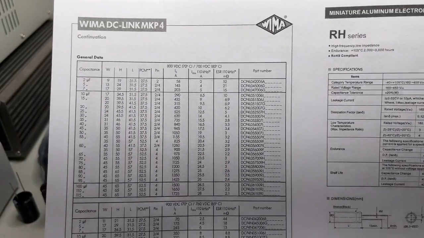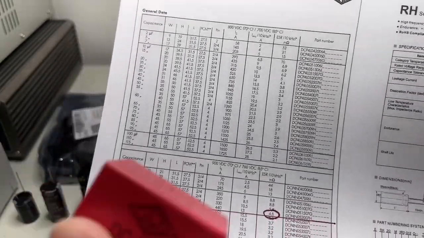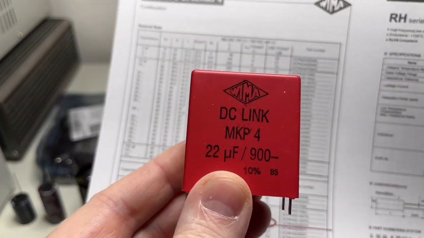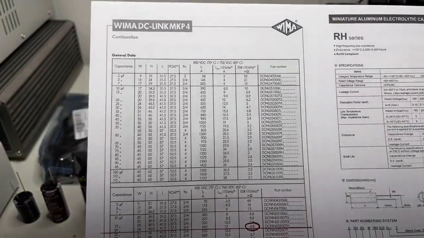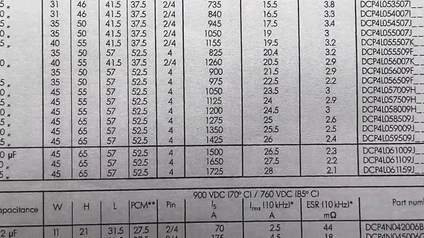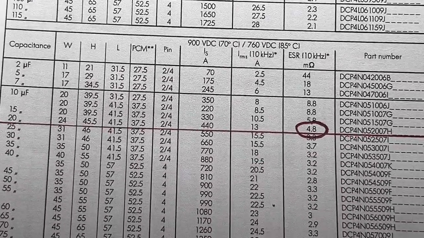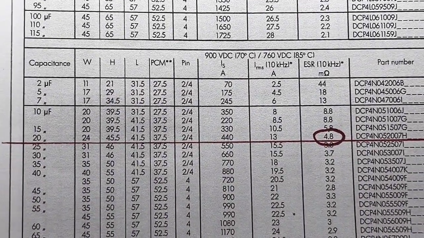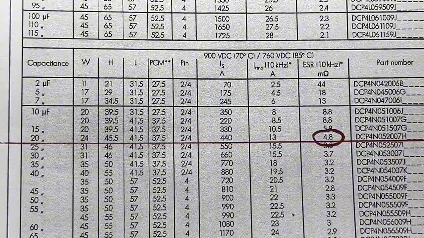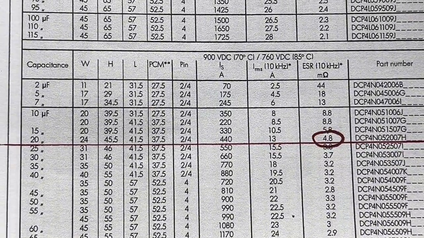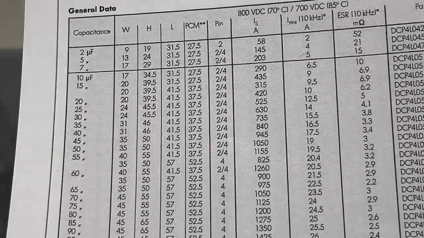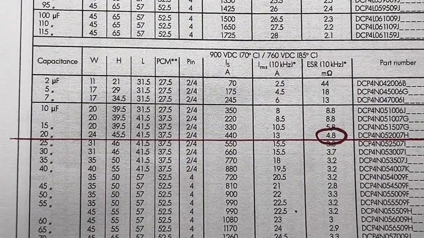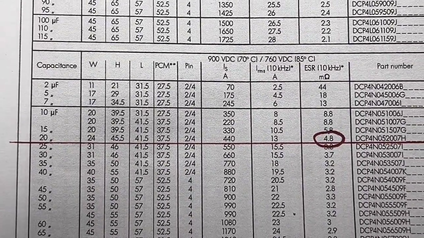So the first capacitor that I've chosen is this VIMA, 22 microfarads, 900 volts. Here's the data sheet. And let's go down, zoom a little bit down. Interesting is that this 22 microfarads is not in the data sheet. So I think it is quite an old model that is not produced anymore.